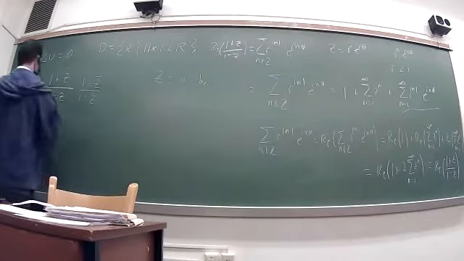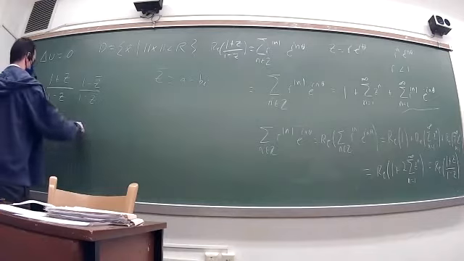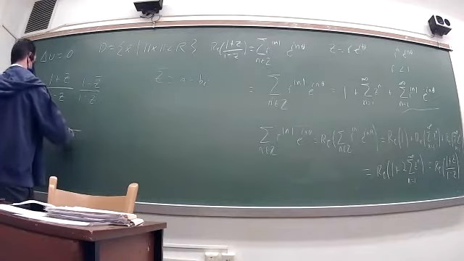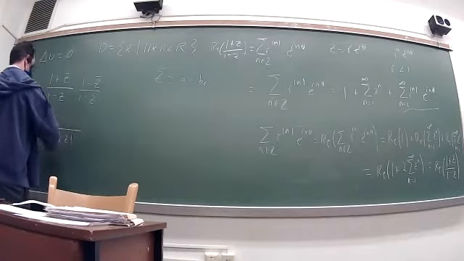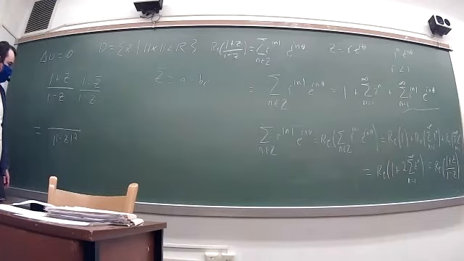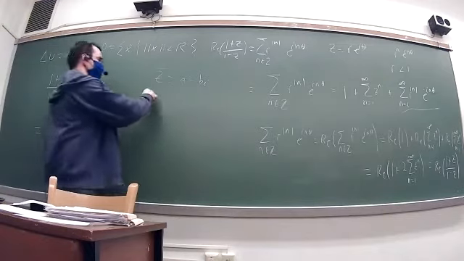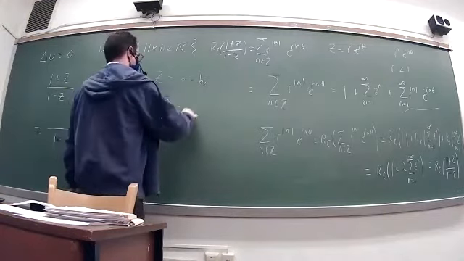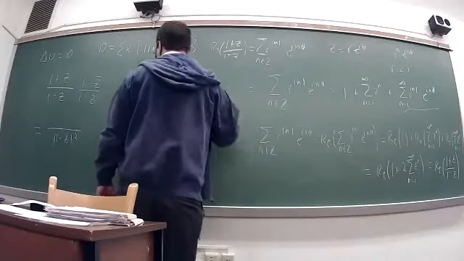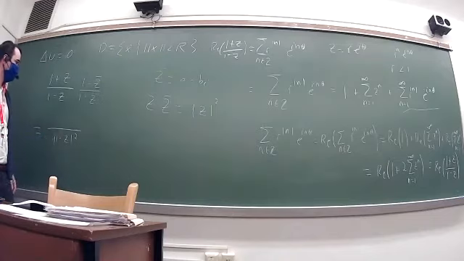And so you can do the algebra, and on the denominator, you'll get the modulus of 1 minus z squared. So that's this formula that z times z bar is equal to its modulus squared. But here the complex number is 1 minus z.